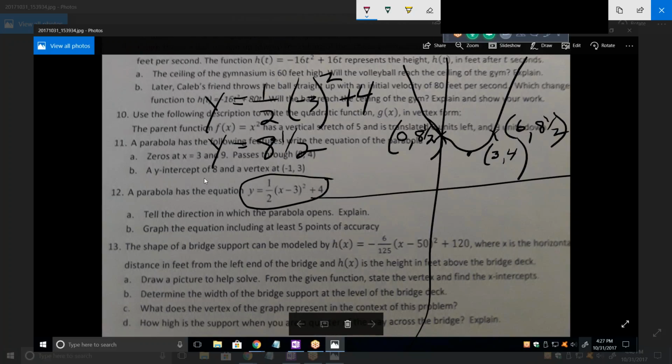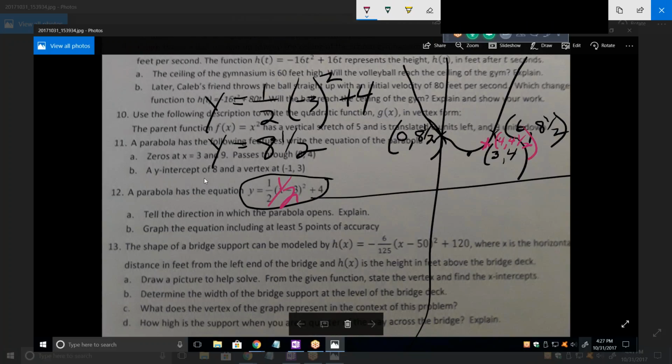What is 4 minus 3? 1. What's that squared? 1. What's that multiplied by 1/2? 1/2. Okay, so that's 1/2 plus 4, that's 4.5. So when x is 4, y is 4.5.